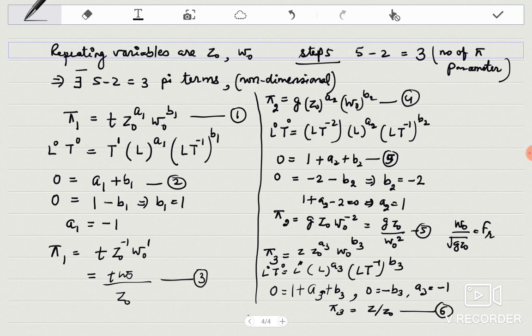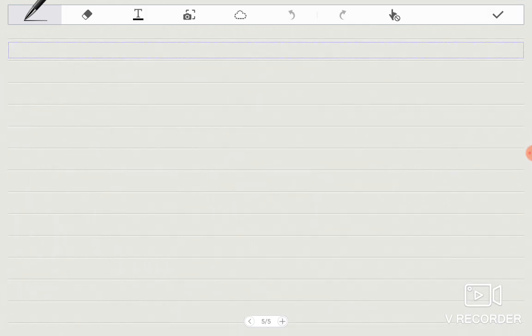So in this way you have found 3 pi numbers, because overall you have 5 parameters. 2 are the fundamental parameters. So you can get 5 minus 2, that is 3 pi numbers. So now finally how will I write my expression.